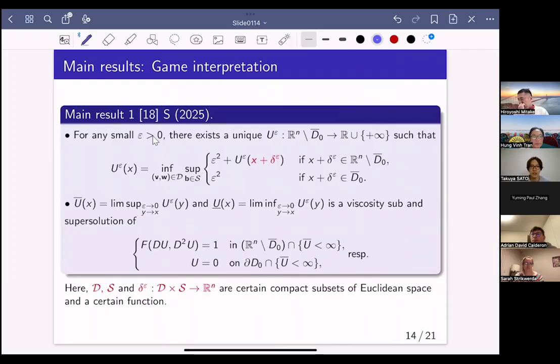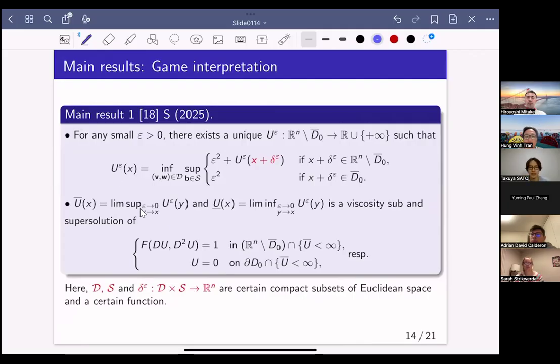For each approximation parameter epsilon, there exists some step-valued function u epsilon determined by this dynamic programming equation. And here the strategy sets D and S, and the rule of transition delta epsilon, are a certain compact set and a certain function. I will explain later.